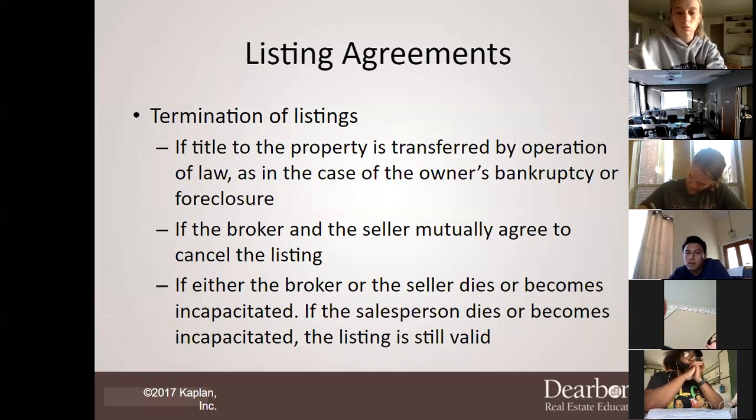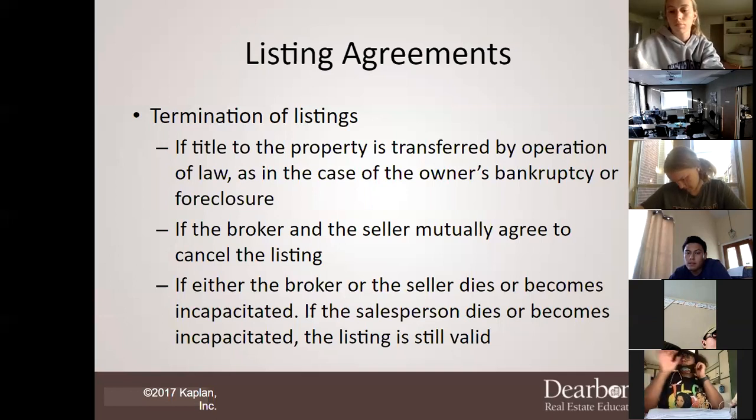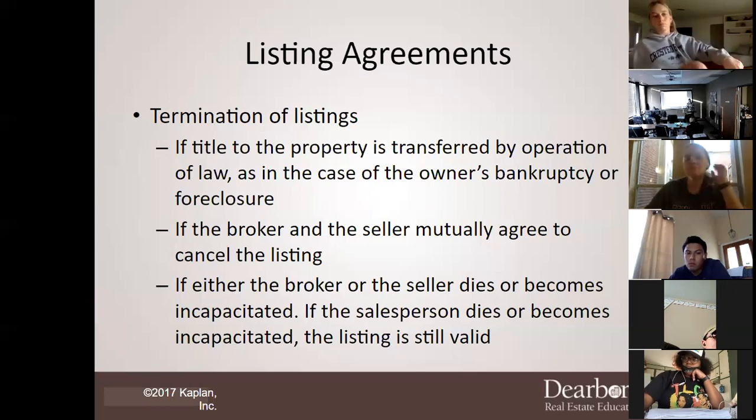If the salesperson dies or becomes incapacitated, the listing is still valid because the listings are under the broker, not the listing agent. So if the broker goes, it's gone. But if the salesperson does, it's still there. It's bound with the broker.